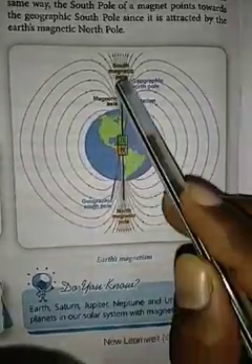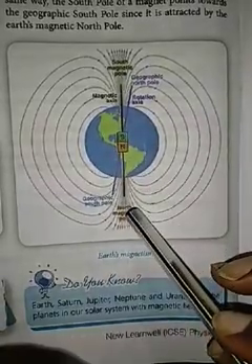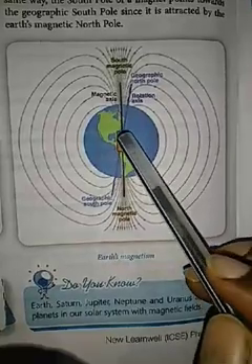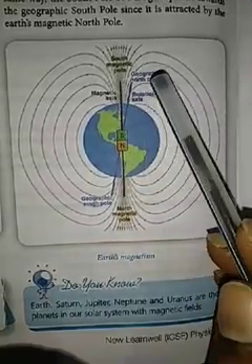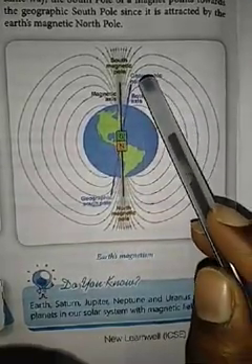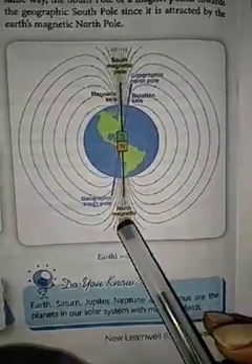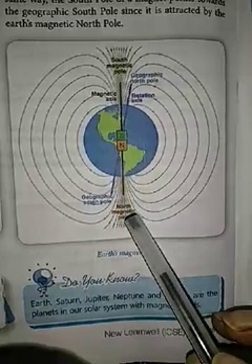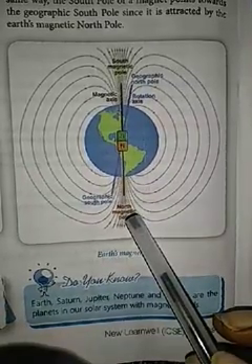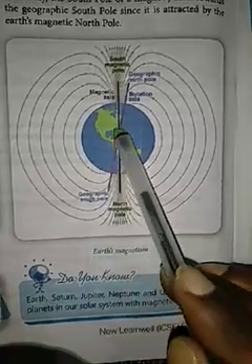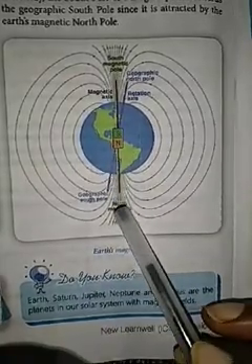This is the south seeking pole and this is the north seeking pole. The south pole of the magnet aligns near the geographic north pole. This is the geographic north pole and this is magnetic south pole. And the north pole of the magnet aligns itself near the geographic south pole. This is the geographic south pole and this is magnetic north pole.